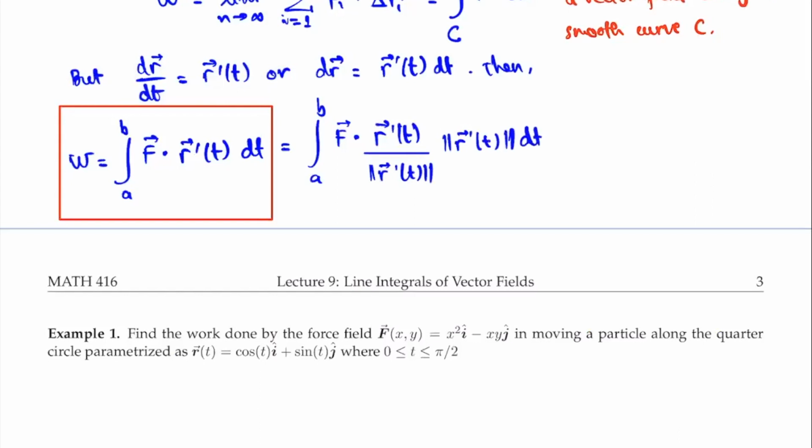So by doing this, you have r prime over the magnitude of r prime as the unit tangent vector. And you still have the magnitude of r prime of t dt.